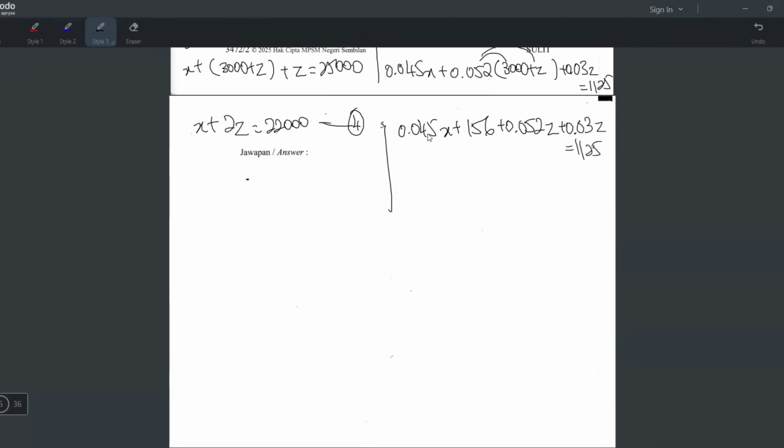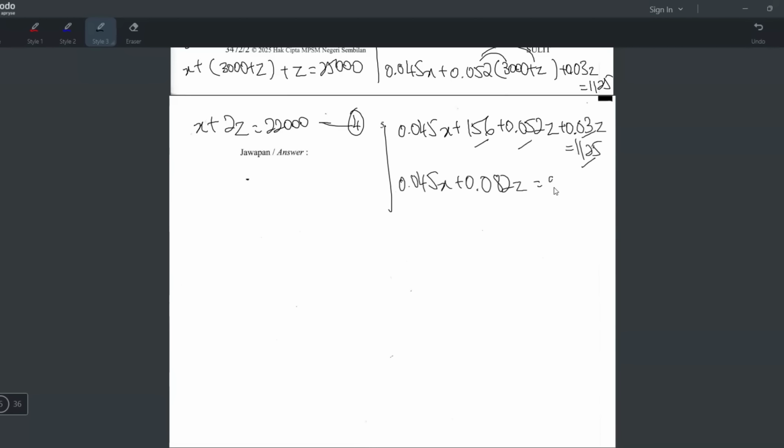Okay. Alright, X with X can combine, but there is only one X, so just write it. And then Z with Z can combine, this one plus this one. So just press, you get 0.082Z. And then finally is the number. Okay, 1125 minus 156. So my calculator gives me 996.